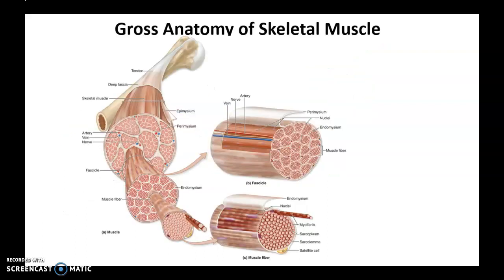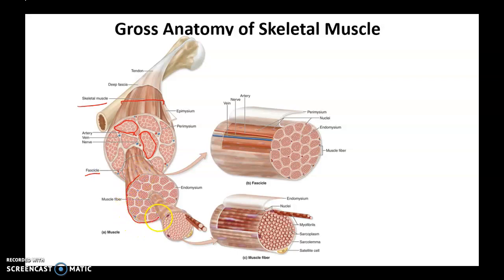All right, so looking at the diagram from the textbook, we see a bone and a muscle attached to the bone. So this is the skeletal muscle. If you zoom into the skeletal muscle, you will see these bundles, right? And these bundles are called fascicles.